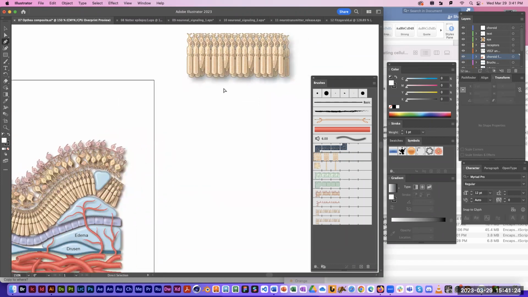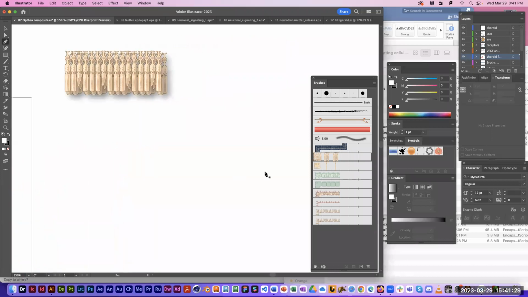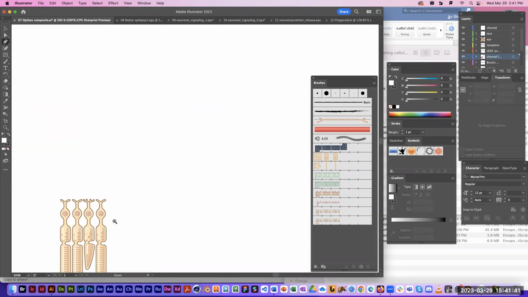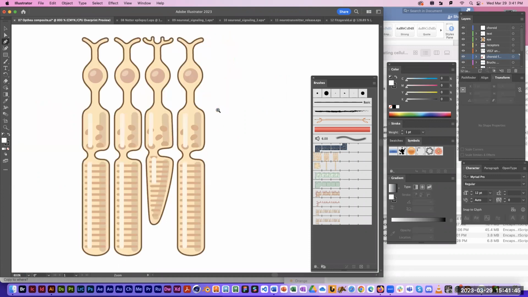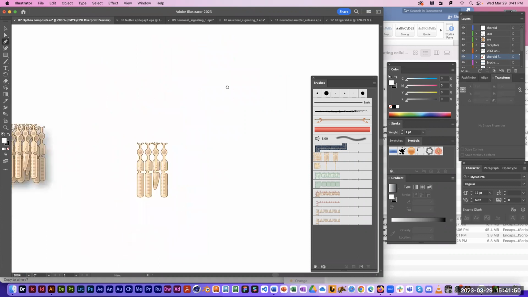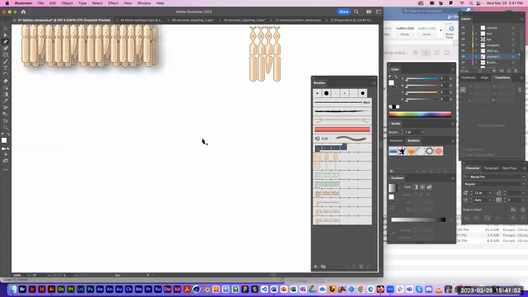And by the way, if you dissect this brush, you can drag it back onto the desktop, and you can actually see how that's created. This is the Illustrator artwork itself to create that repeated brush. So it's 3 rod cells and 1 cone cell.